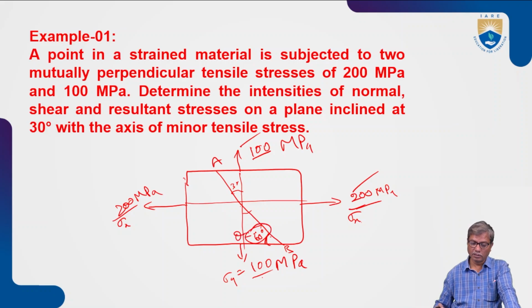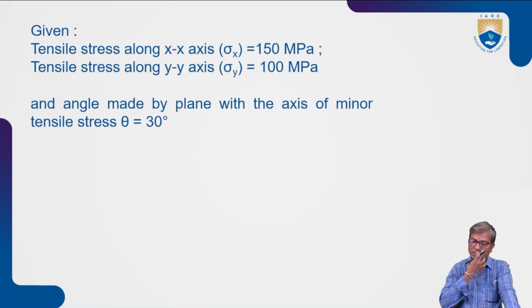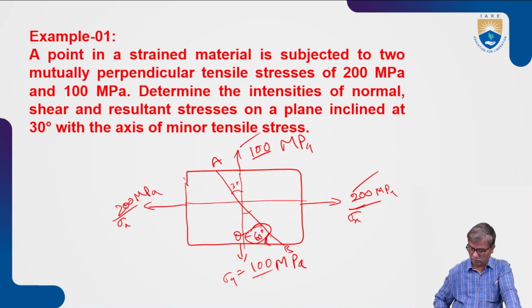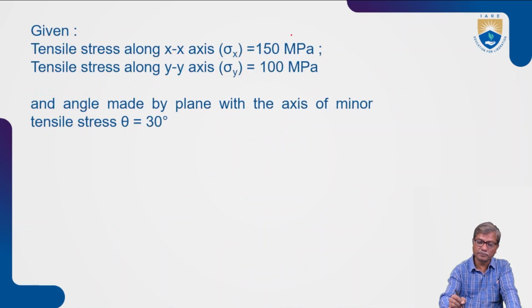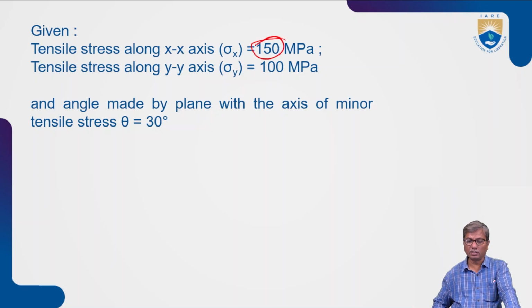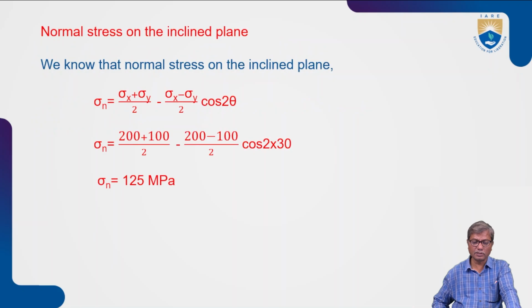So we will consider this angle as theta. Okay. And now how to find sigma n? Direct substitution here. Sorry, this is something wrong. This value is something wrong. It is 200. Okay.